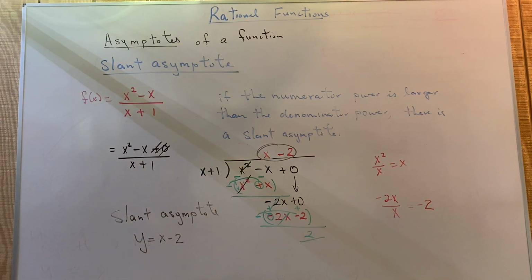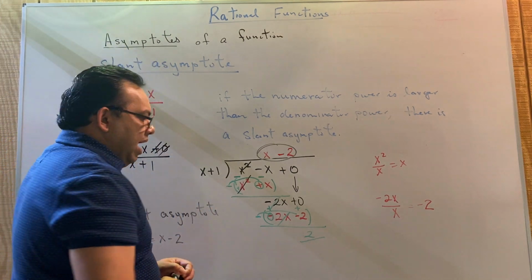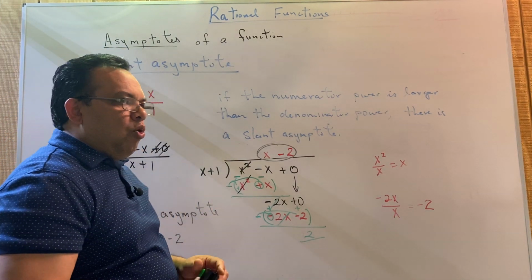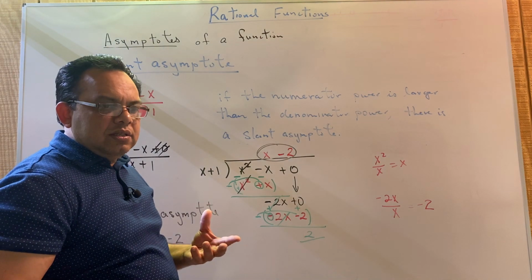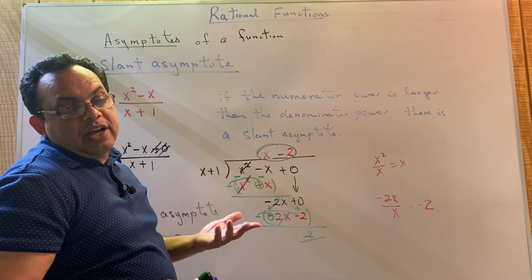Now that we have the idea of slant asymptote, horizontal asymptote, and vertical asymptote, we have more tools available to us to graph rational functions.